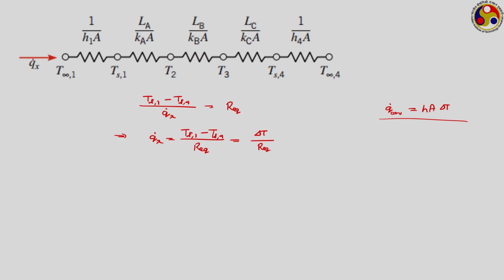by R equivalent, and if we compare this with Newton's law of cooling, then we can write this as U into A into delta T, where this UA is nothing but the reciprocal of this R equivalent, and this U is known as the overall heat transfer coefficient.